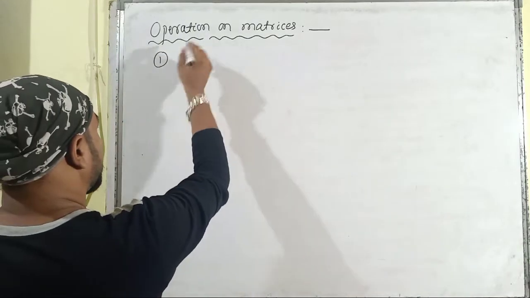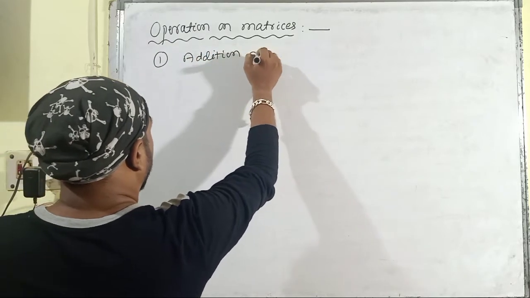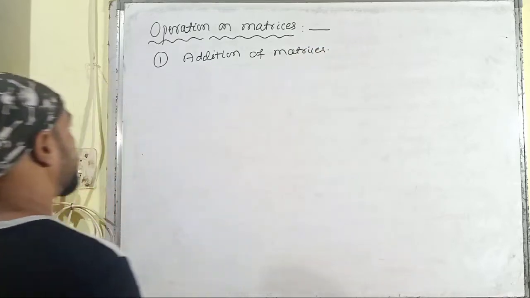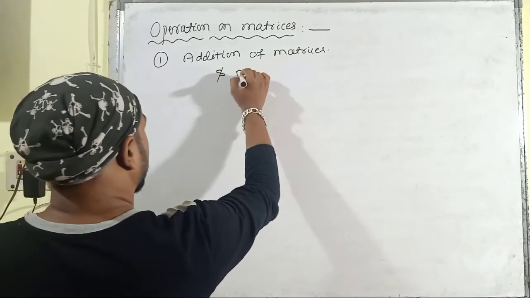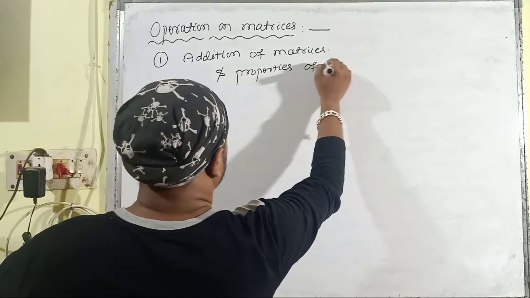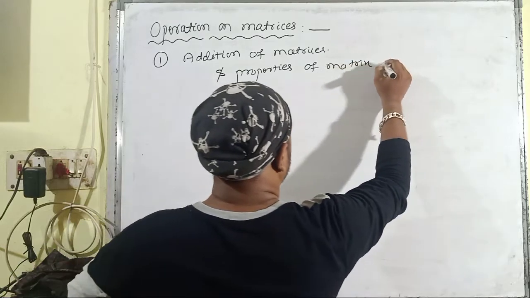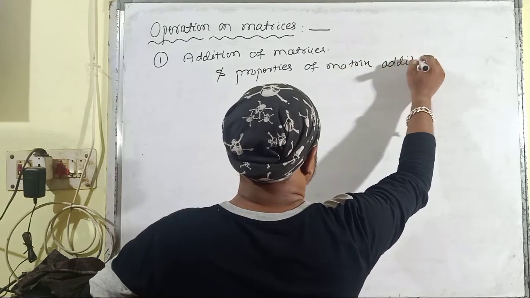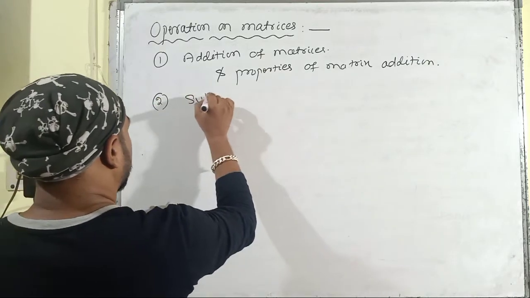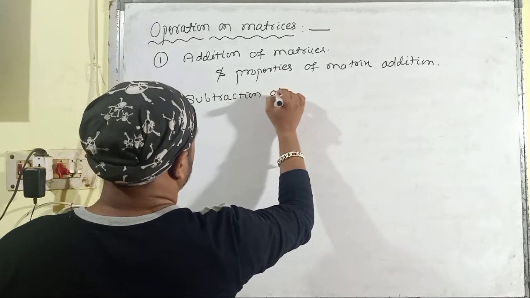The first type is addition of matrices and properties of matrix addition. Then in the second one we are going to discuss subtraction of matrices.